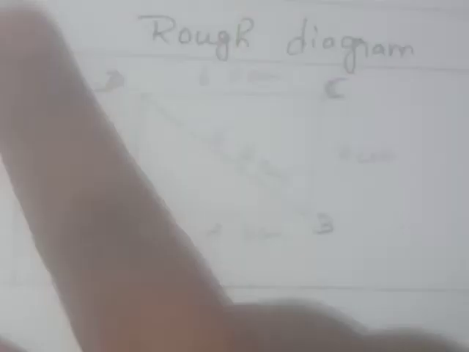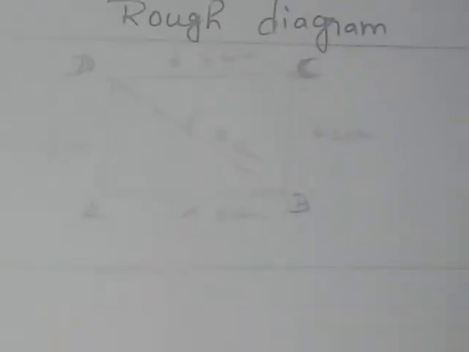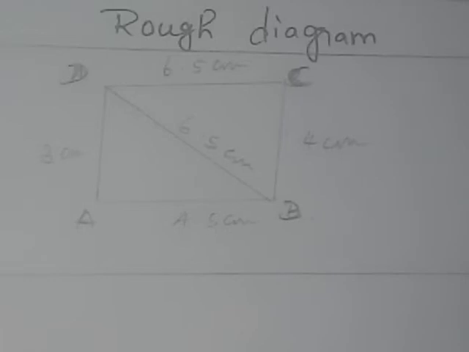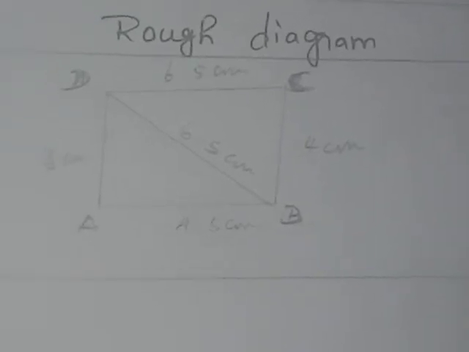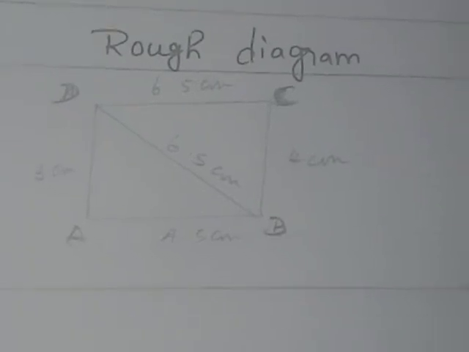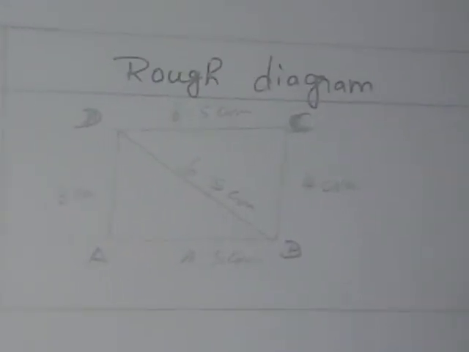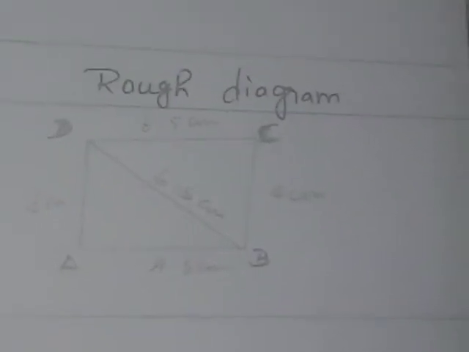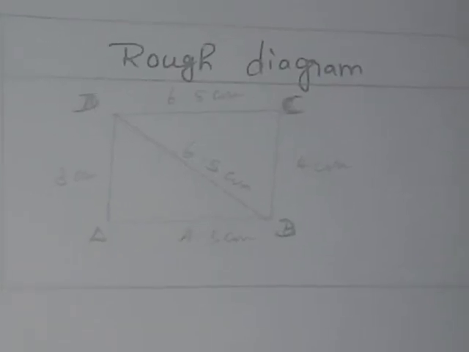Now only one point I will draw. AB finished, BD, DA finished, BC finished. The one more given is CD. CD is 6.5 centimeter. So using D point, D is the basic point. So I place the D point. I take 6.5 centimeter. I cut the BC line, means I make the C point.